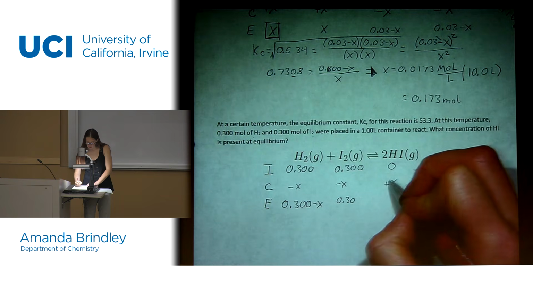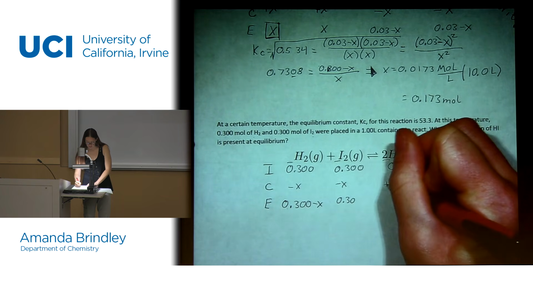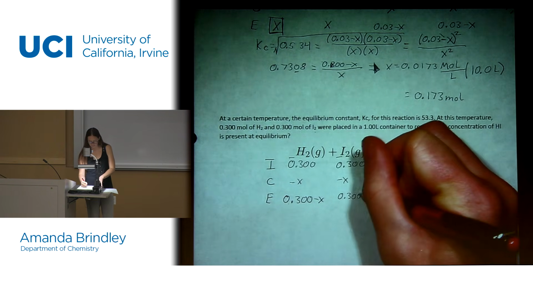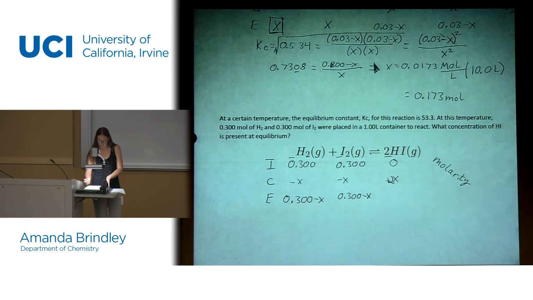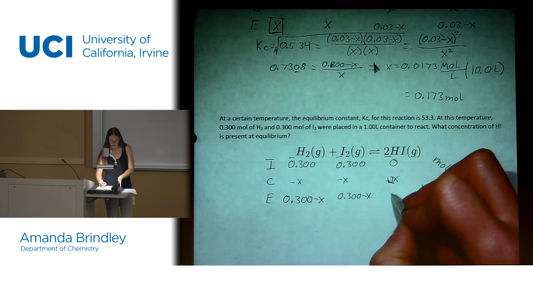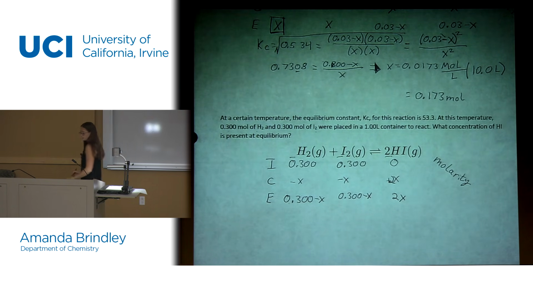Oh, thank you guys. So we have our 1 here, our 2 here, so this should definitely be 2x. Now, this is going to be 0 plus 2x, so we just write our 2x.